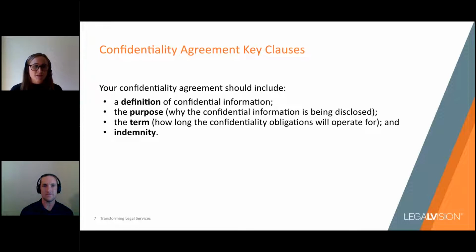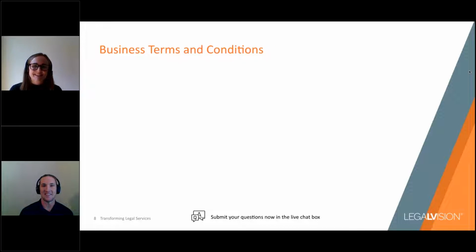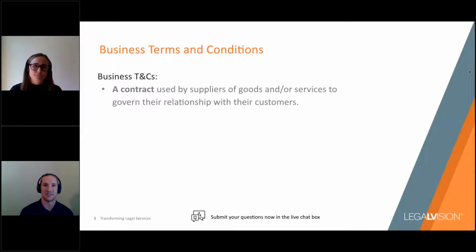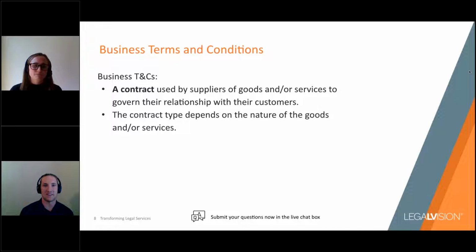Let's move on to business terms and conditions. What are they and when do you need them, Rob? Yeah, thanks, Ali. It's a broad catch-all that we've listed here in terms of calling them business terms and conditions. This document is your customer-facing set of terms. It will ultimately depend on what you're actually providing. If you're an IT business, or if you're offering a platform or an app, you might have a SaaS agreement in place or app T's and C's.